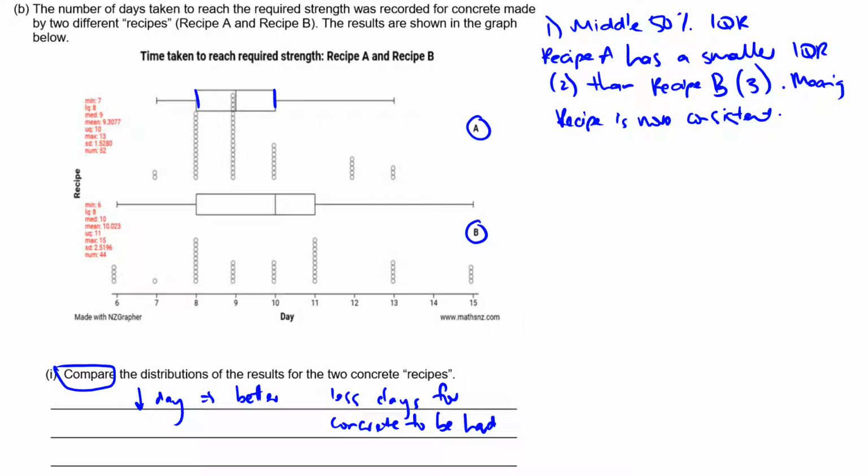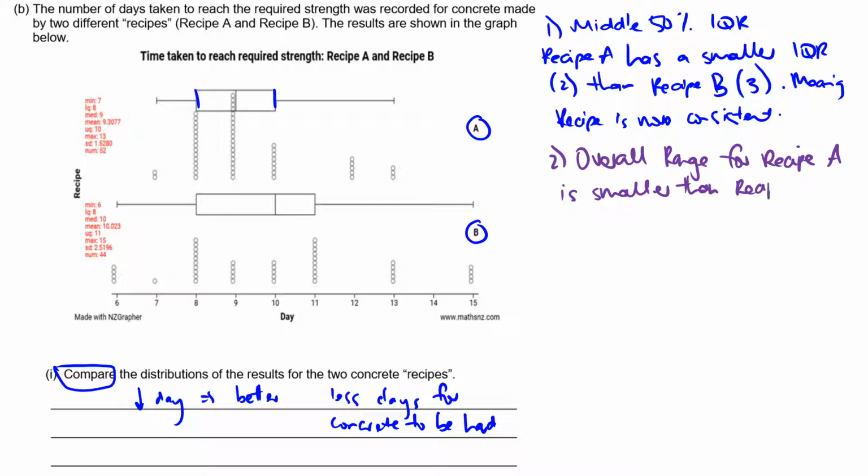Other things we could think about were the overall range. The range for recipe A is smaller than recipe B. Recipe A was 7 to 13, which is 6, as opposed to recipe B being 6 to 15, which is 9.